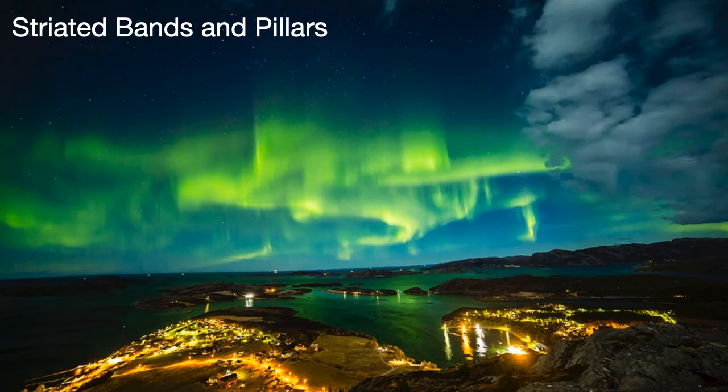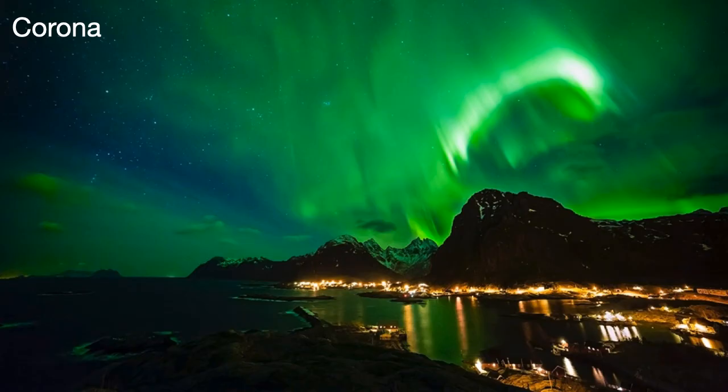Now if we go further north and those pillars start to appear more overhead, we might start to see what's called a corona. In this picture we're not seeing a true corona, but I don't know if you can see that really active bit of aurora over the top of the mountain. This is in the Lofoten Islands. This is the village of Å just here, and there's a nice crown or corona of aurora appearing over that mountain.